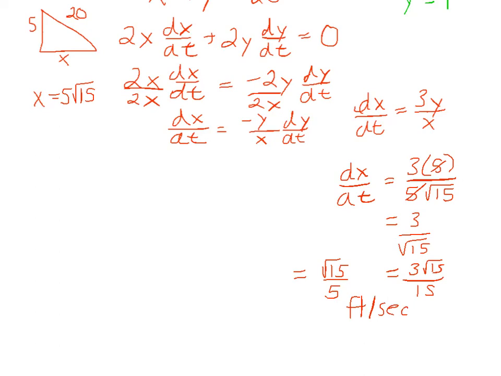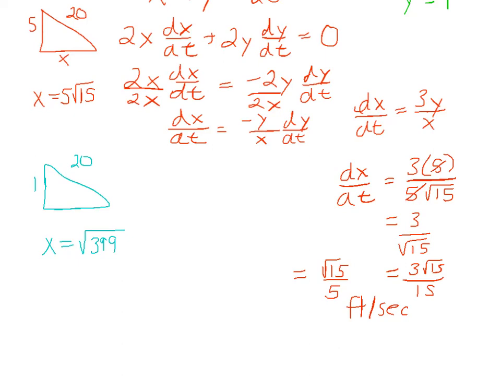If we want to find dx/dt for when y equals 1, we will do the same thing. So I want to recreate my triangle. My ladder is 20. My height is 1. So we want to solve for x. So x equals the square root of 399.